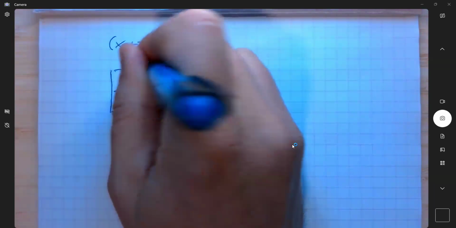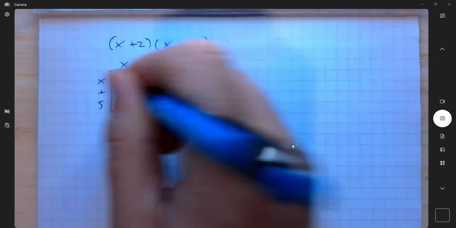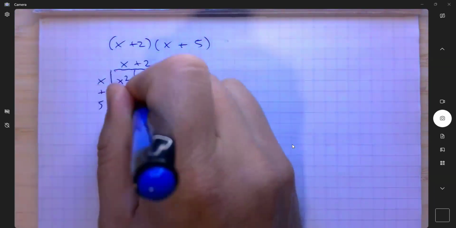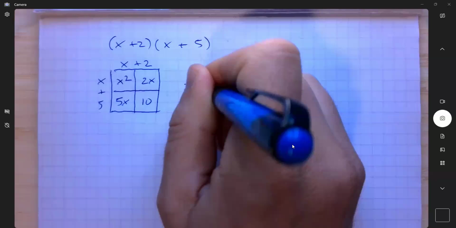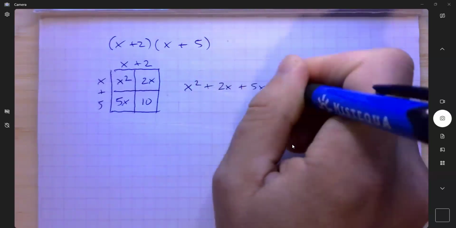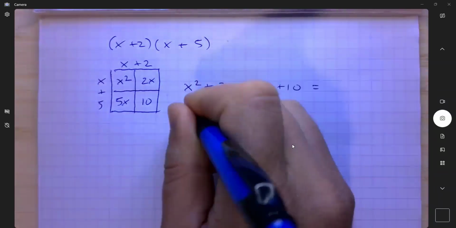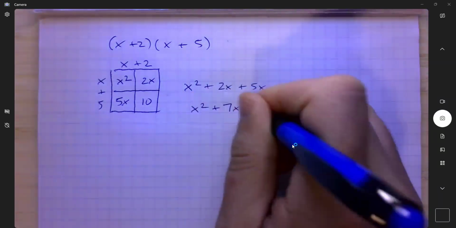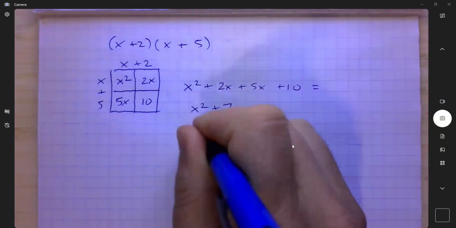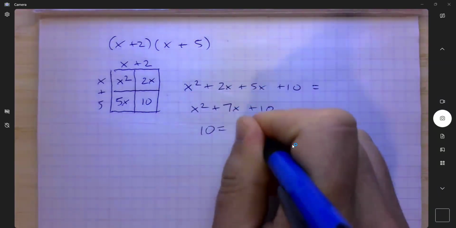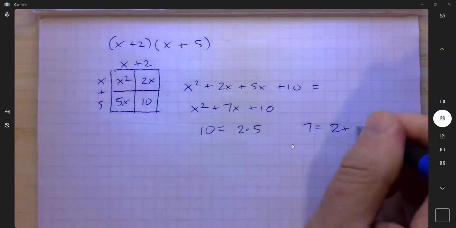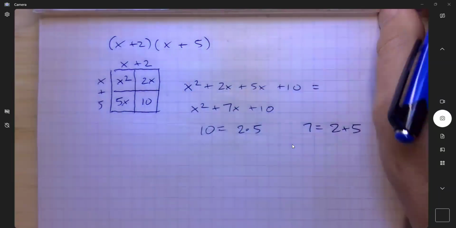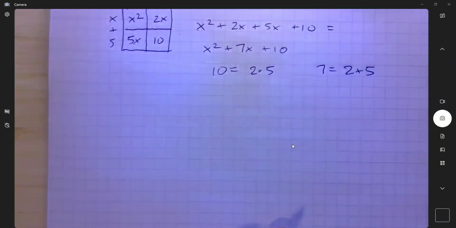I have x plus 2 along the top and x plus 5 down the side, which gives me x squared plus 2x plus 5x plus 10, which when I combine the 2x and the 5x, I get x squared plus 7x plus 10. And notice that 10 is equal to 2 times 5, and 7 is equal to 2 plus 5. And that can give us a clue if we have to go backwards.